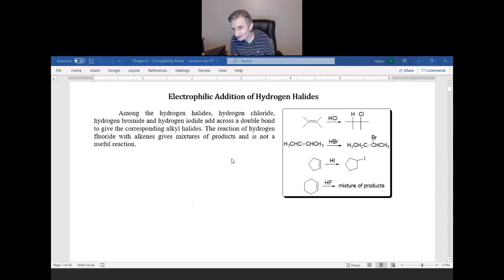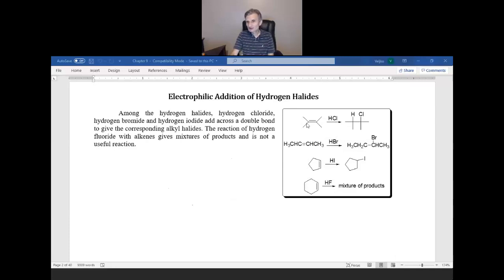Hydrogen halides are a typical class of compounds that add across a double bond in this manner through carbocation as reaction intermediate. So hydrogen proton adds first to give carbocation, and then the halide anion, a nucleophile, combines with the carbocation to give the final product.